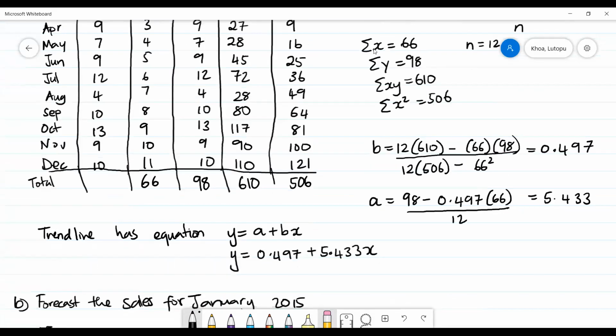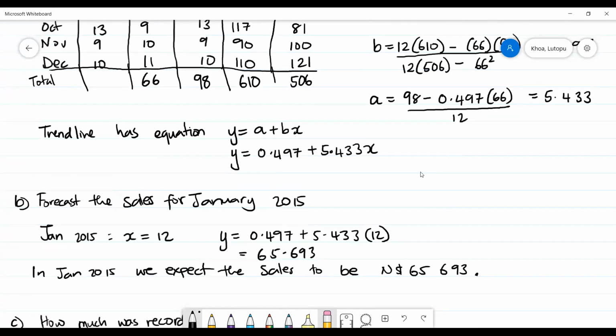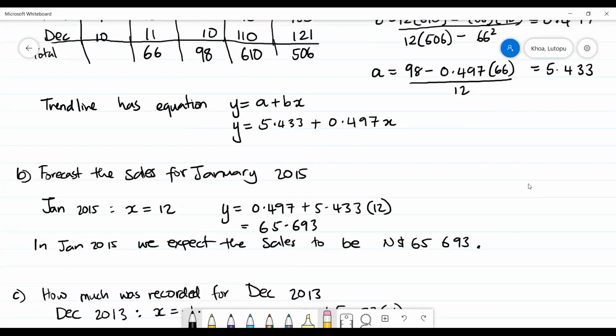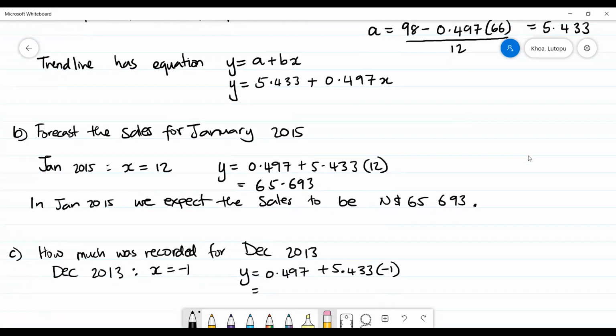So what is my A? This is 5.433, and my B is 0.497x. Just be careful with that. Sorry, I think I've been recording too long now. I need a break.